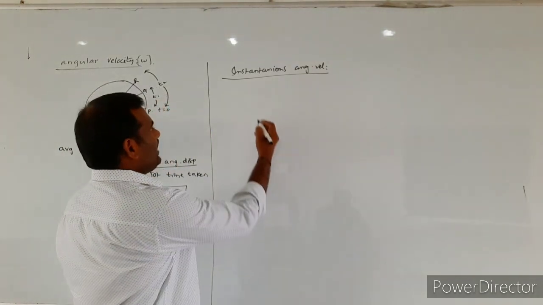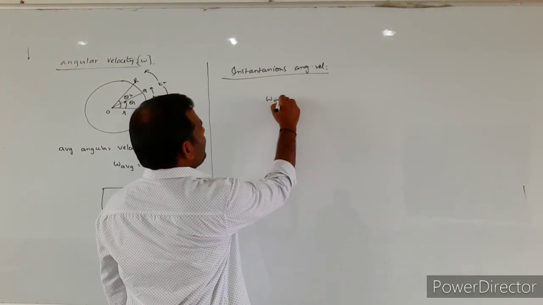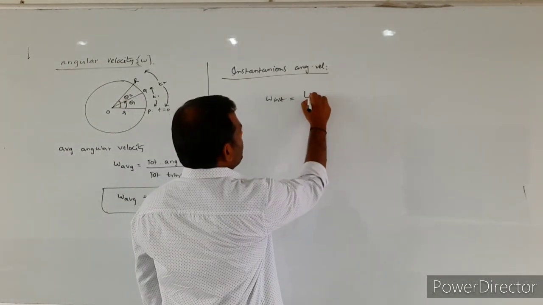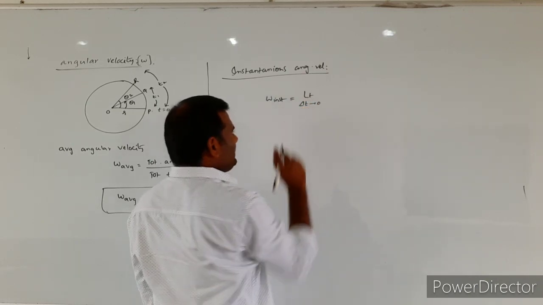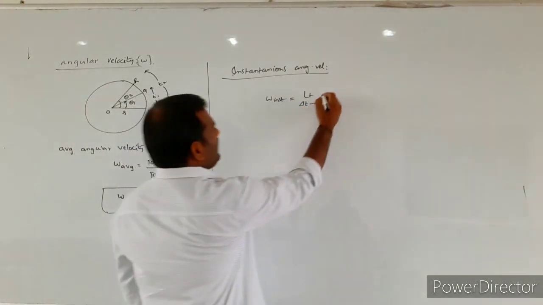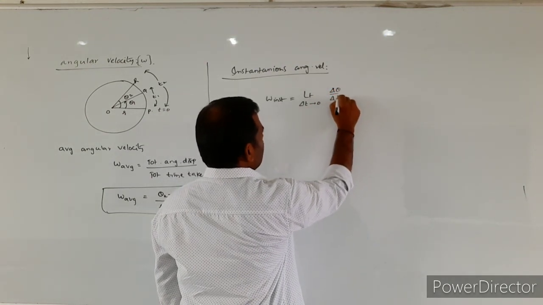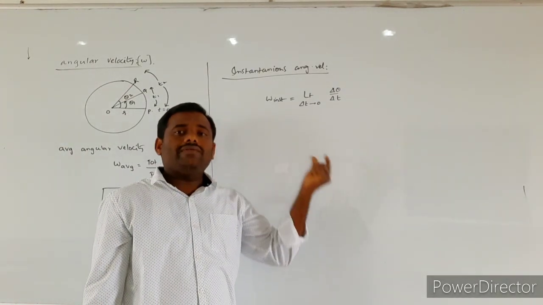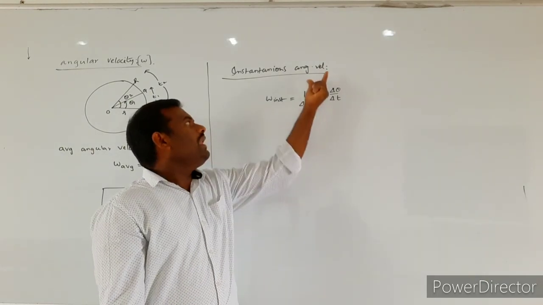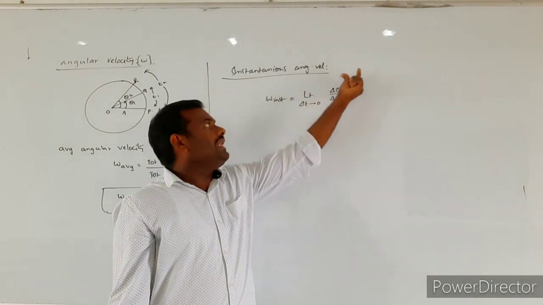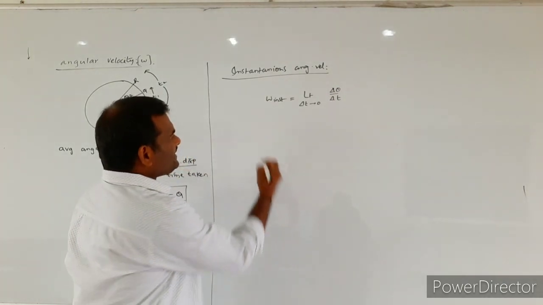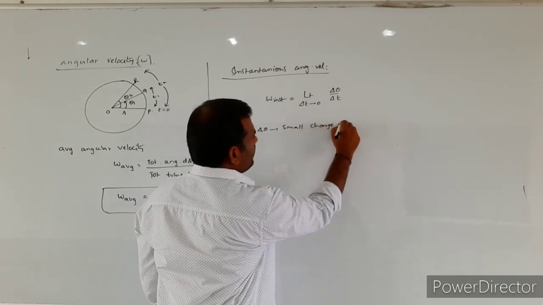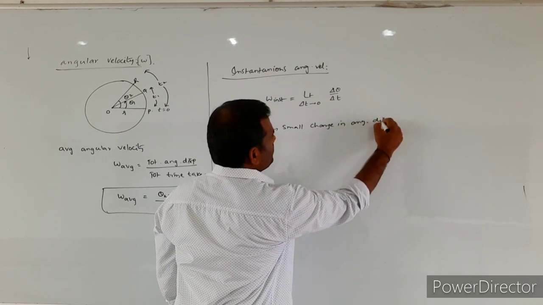The instantaneous angular velocity is defined as omega instantaneous equal to limit delta t tends to 0 of delta theta by delta t. Delta theta is a small change in angular displacement.